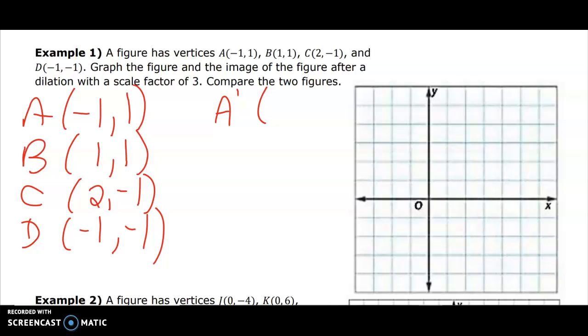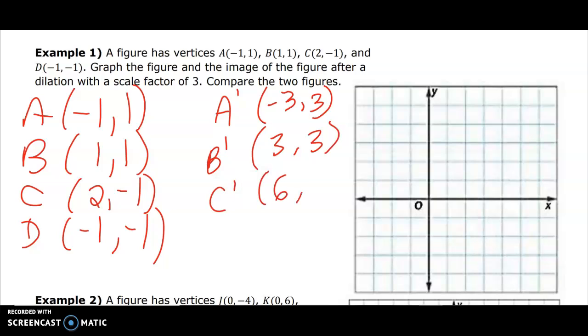And I multiply it by 3. So -1 times 3 is -3, 1 times 3 is 3. B prime, I'm taking the coordinate (1, 1) and multiplying both of them by 3. And then C prime is (6, -3), and D prime is (-3, -3).